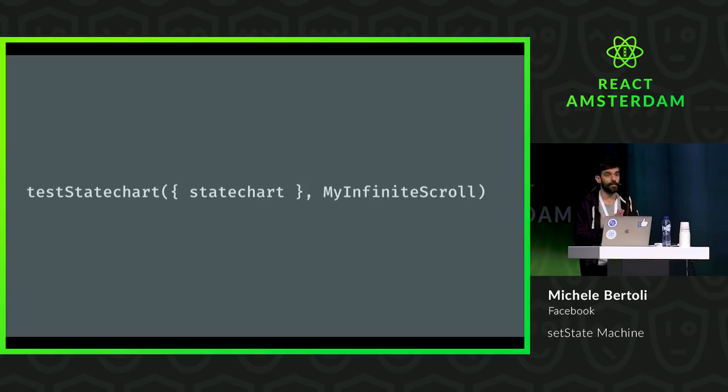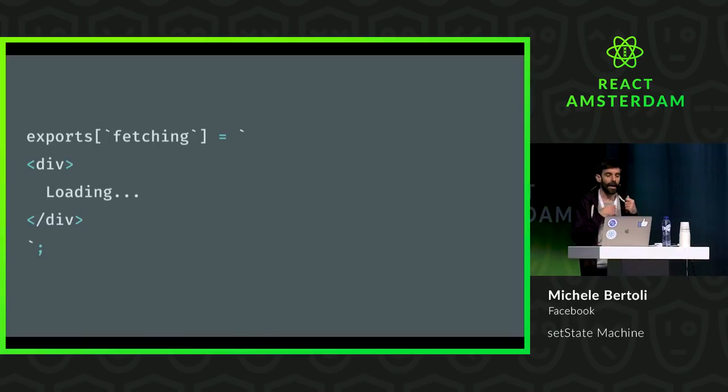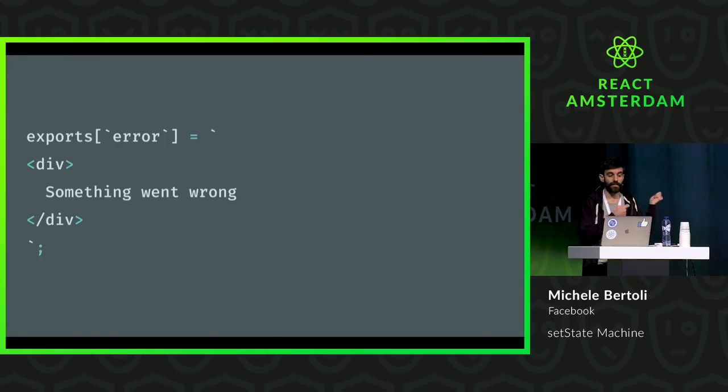It's a super cool feature provided by Jest, which is a test framework for JavaScript. And it's basically the output of the render method, serialized in a human-readable way. And so with this method, you're going to have a snapshot in each one of the states of the state chart for free. So for example, in the fetching state, this is going to be the snapshot, the loading indicator. In the error state, this is going to be the snapshot, something went wrong.